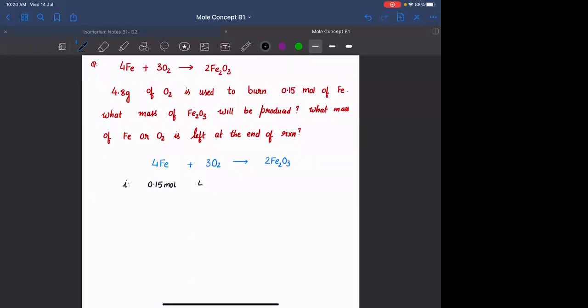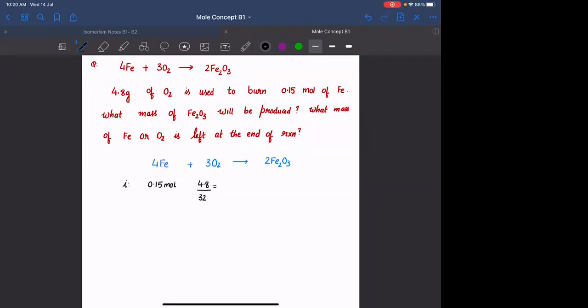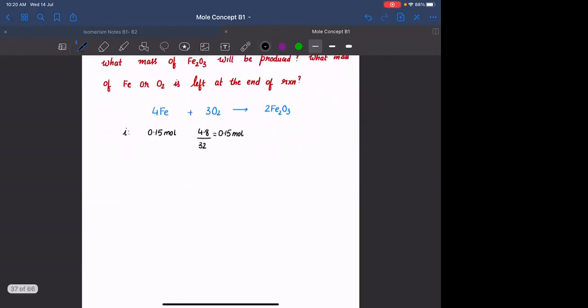What are the moles of O2 taken? 4.8 divided by 32. What are the moles of O2? 3/20. So that is also 0.15. Okay.